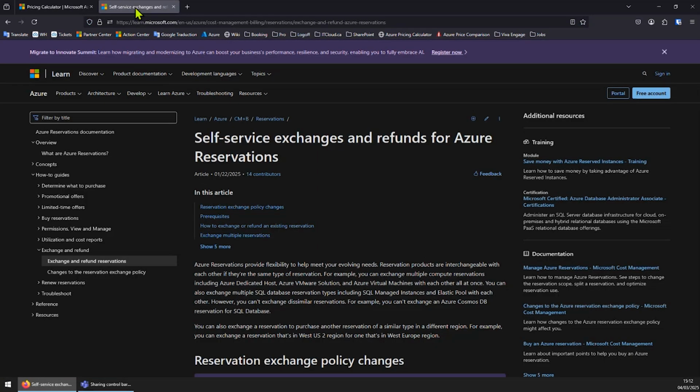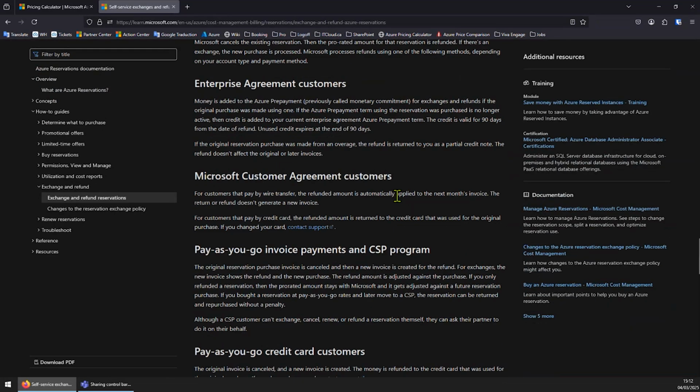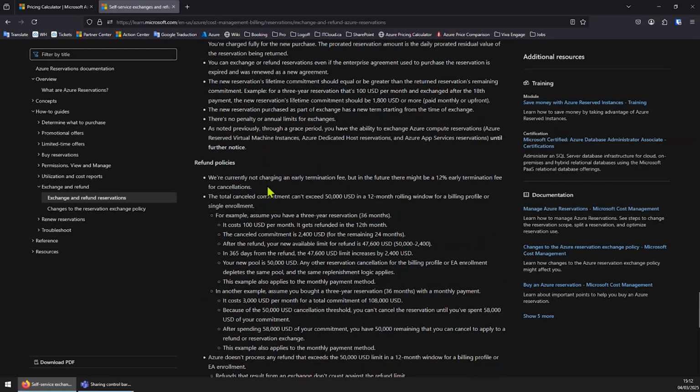What does that mean? If we go into the Azure reservation documentation, scroll down to the refund policy, and here we go. Microsoft doesn't charge any early termination fee. It's free of charge. You don't have any penalty. I know there is this part of the sentence that says there might be a 12% fee.